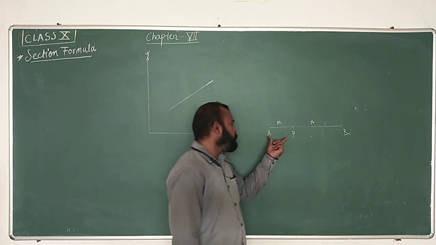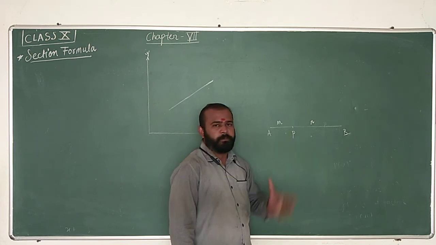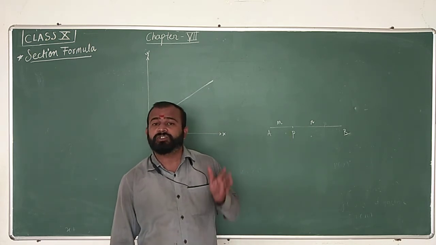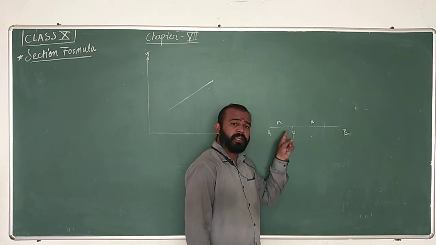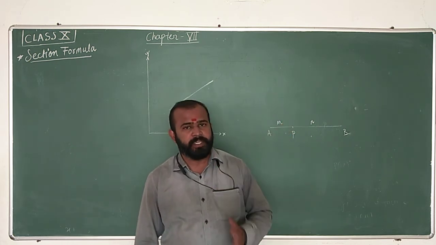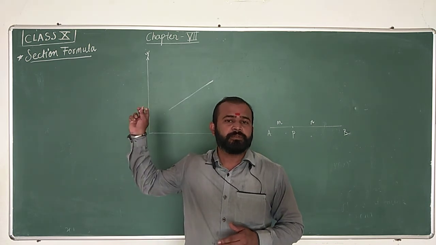If we want to find the distance AP and the distance PB, then we need to find the coordinates of point P, and to find them we have to learn the section formula.